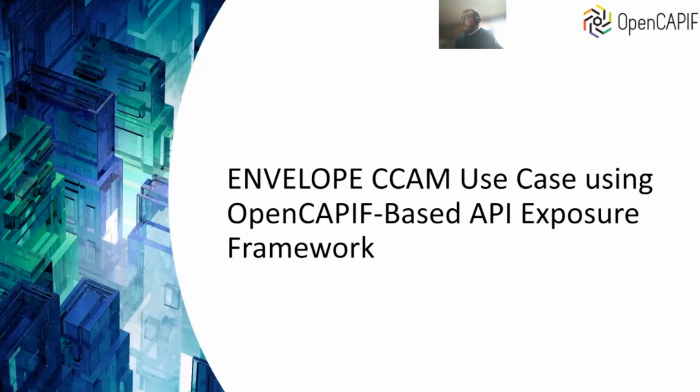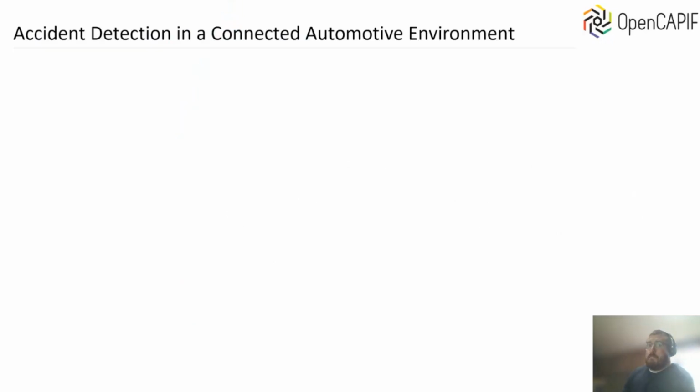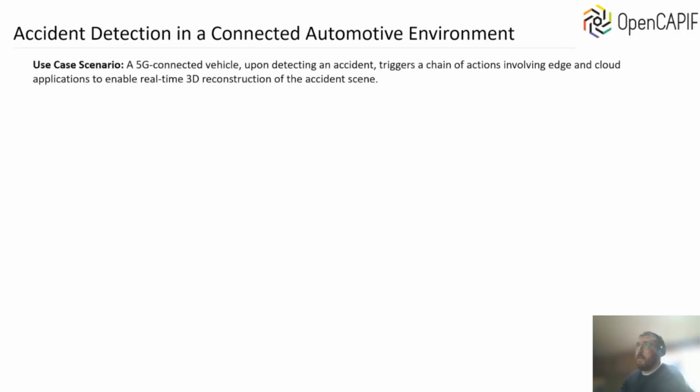Now a high-level view of a use case that makes use of this framework. The use case is accident detection in a connected automotive environment. The scenario: as soon as an accident is detected, 5G connected vehicles trigger a set of actions towards an exposure framework.